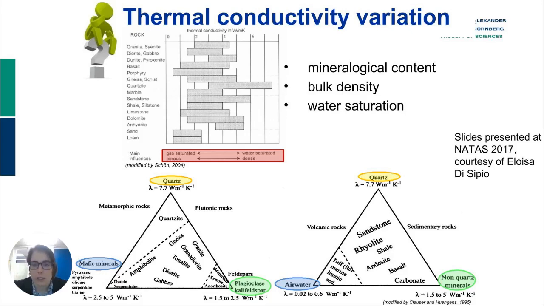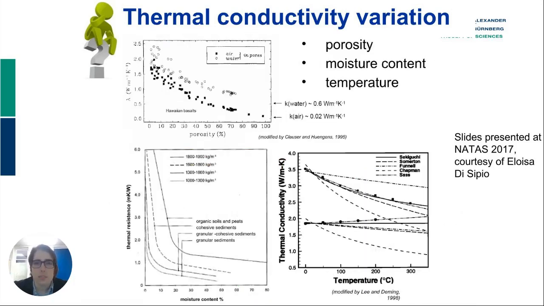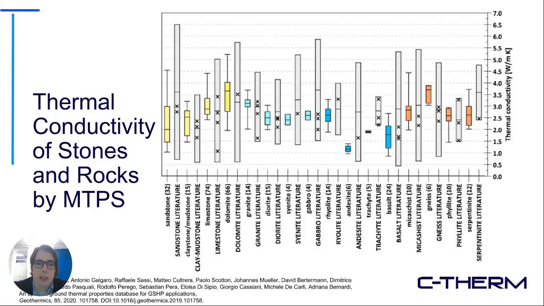Therefore, it has to be a semi-empirical type of method that you follow to build these exchange maps. So you can test the thermal conductivity of these various materials as a function of material porosity, of the moisture content, and also of the temperature, which can then be used to build maps.